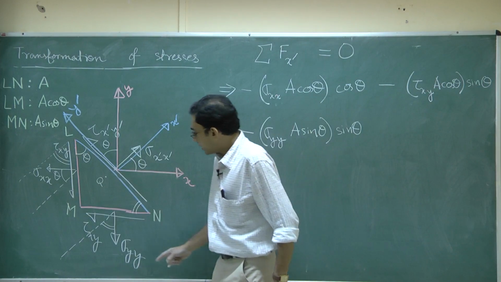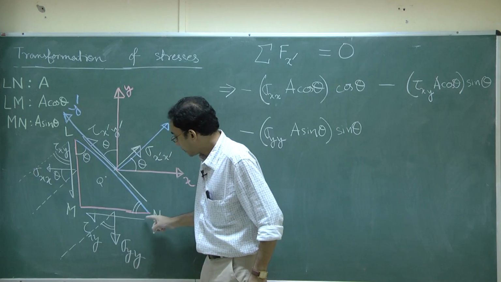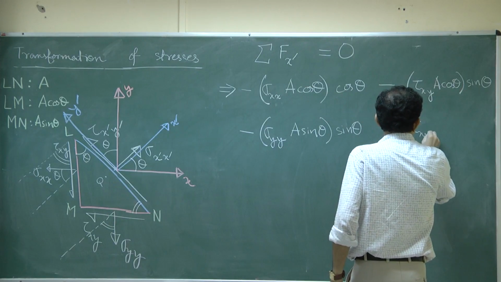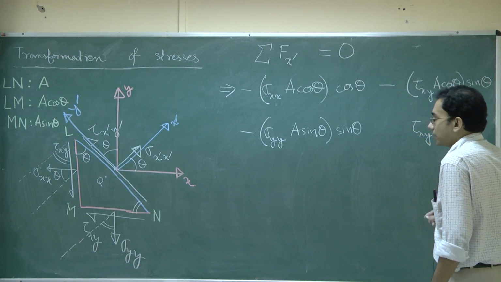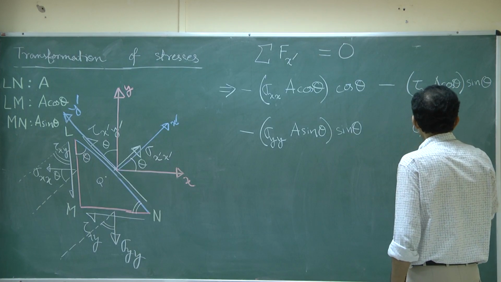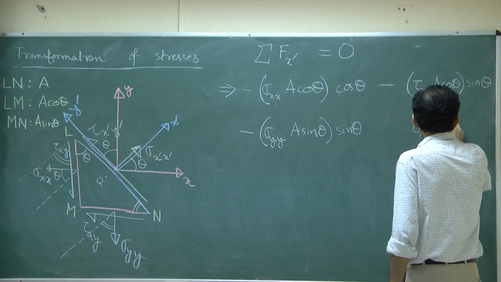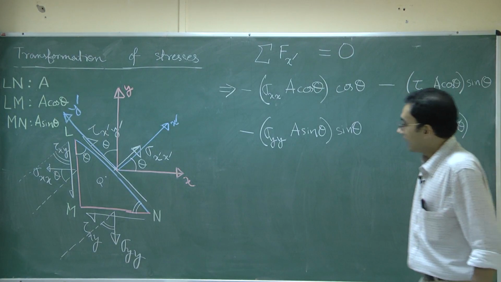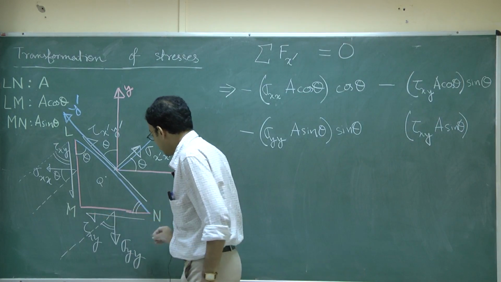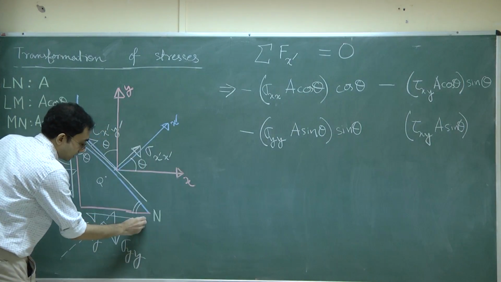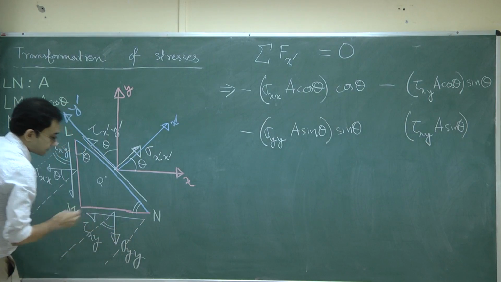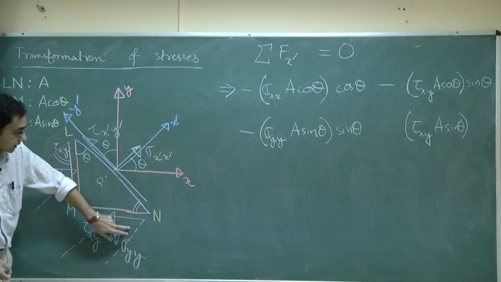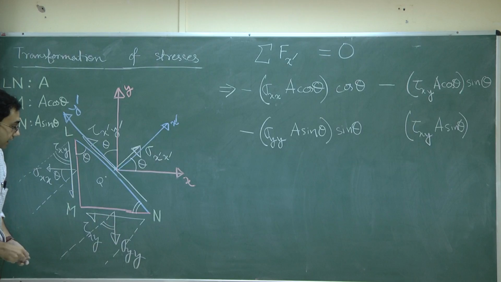Next, we will consider this tau xy, which is pointing from right to left. Tau xy multiplied with the area of that face represented by Mn is nothing but a sin theta, and what we have to do is take the component of this one along a direction which is parallel to x dash. So, you see, this is 90 degree minus theta, this is the complement of 90 degree minus theta.